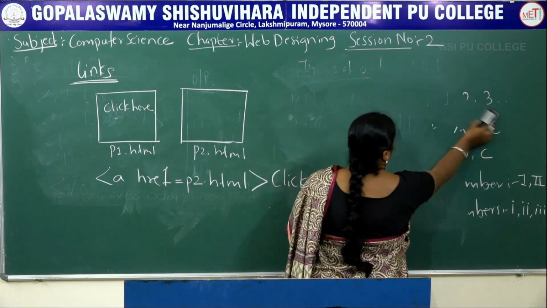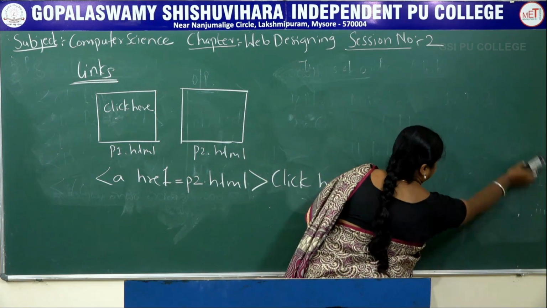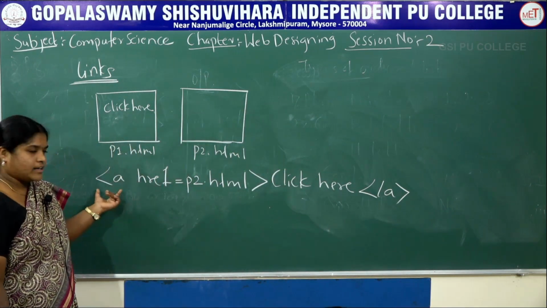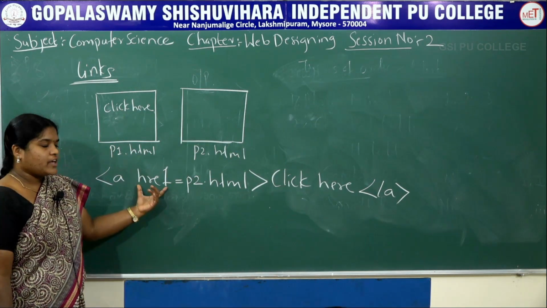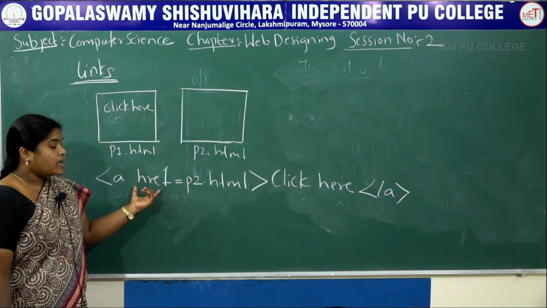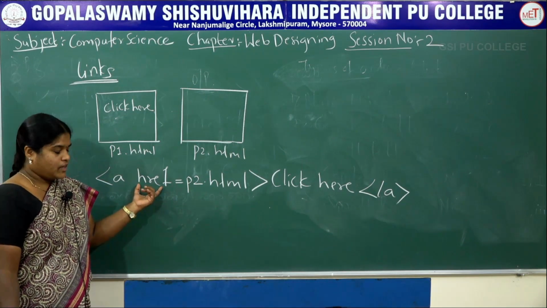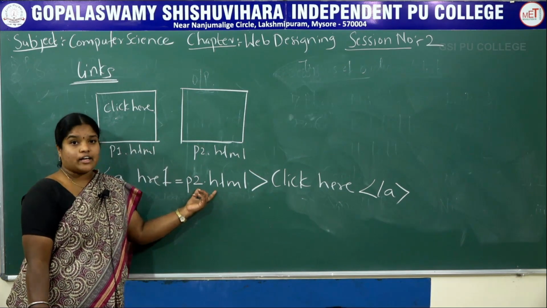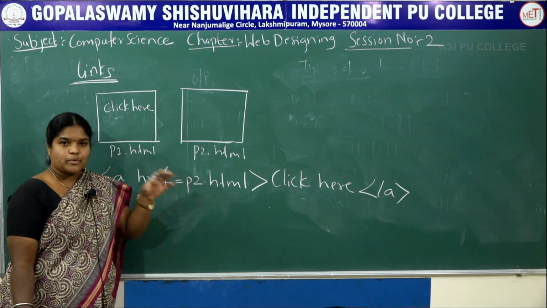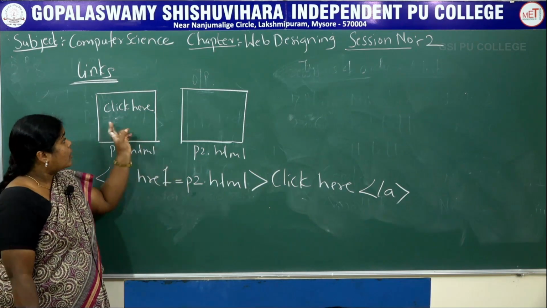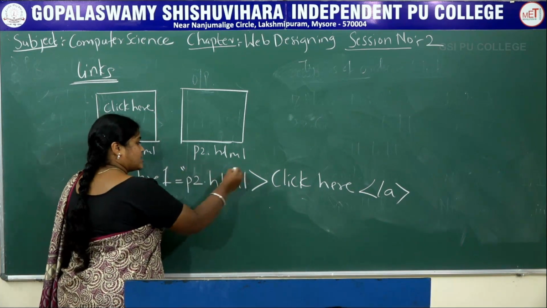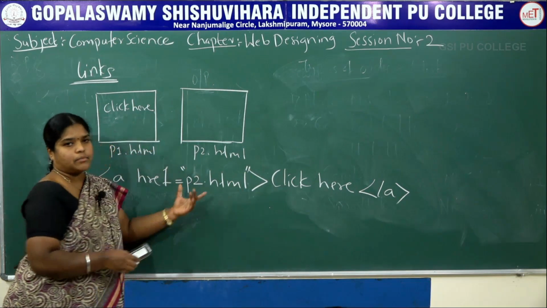So here there are three things that we have mentioned. First thing is a is the anchor tag. Within the anchor tag we have specified the attribute href. In href we are going to specify the target page, the page that has to be displayed after clicking on the particular text. So p2.html has to be specified inside double quotes.